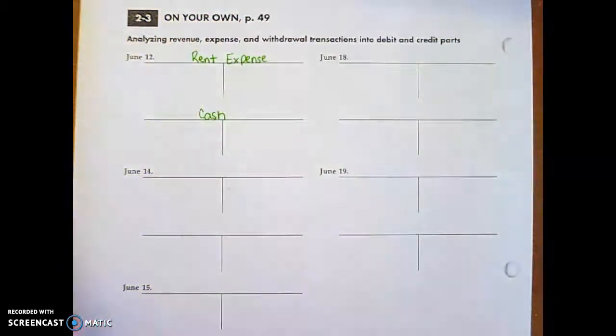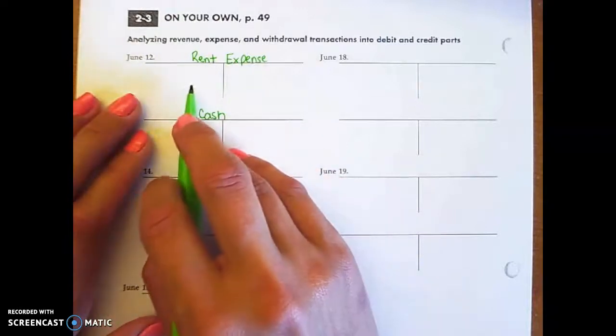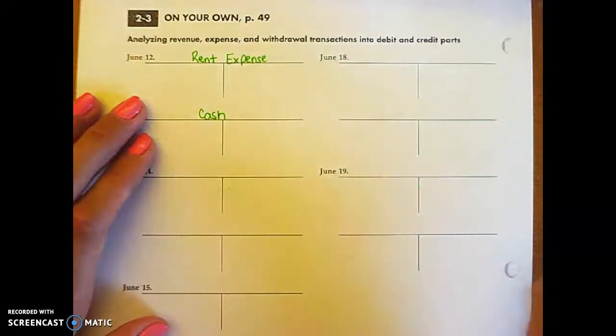Now, paying with cash doesn't mean we're actually paying with dollar bills. This would be like writing a check. It's taking cash out of our checking account, for example. All right, expenses have a normal debit balance, since basically it's decreasing the amount of our related owner's equity.